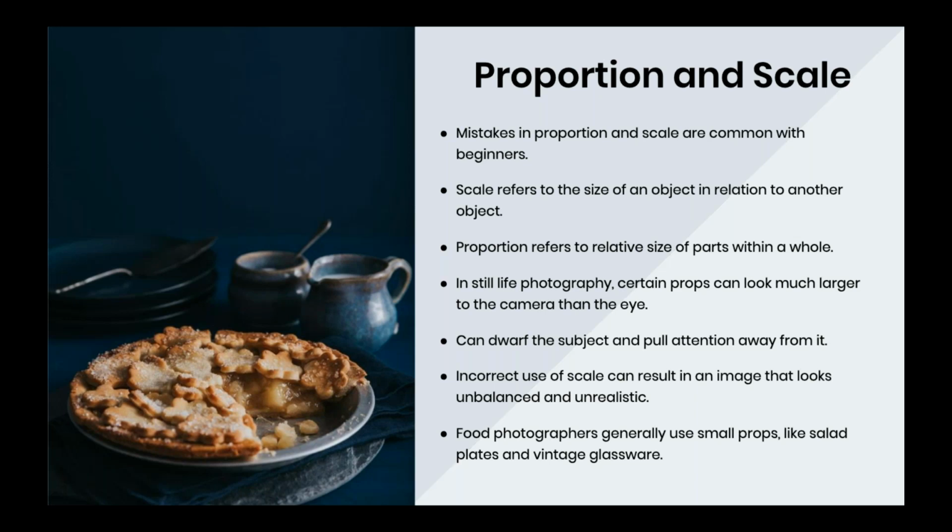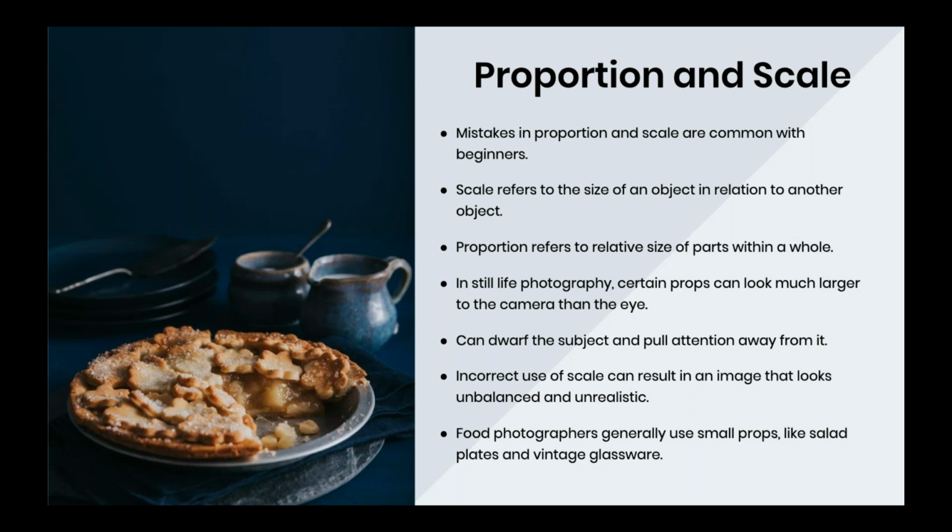One of my tips is to shop around for small props in places like vintage stores and secondhand stores, especially glassware. Glassware these days tends to be a lot larger than it used to be, and it's better to have quite small glassware in your shots.